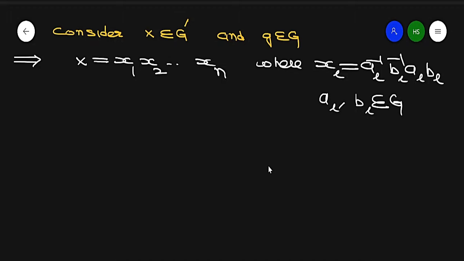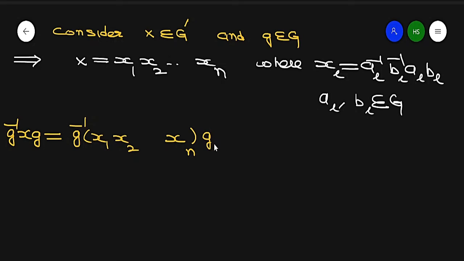Now to prove it is normal, I prove that g inverse x g belongs to G dash. So what is g inverse x g? This is g inverse, then x, which is x1 x2 up to xn, and then g.